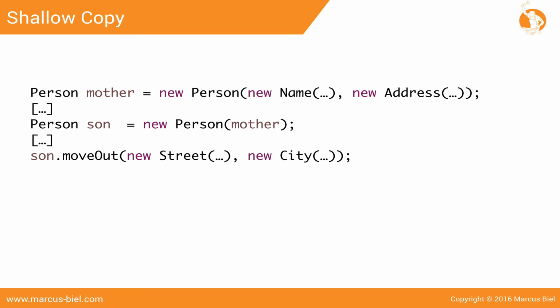Because the address object is shared with our mother object, that change reflected in both person objects. To fix the issue, we could simply assign a new address object to son. Just for the record, however, please note that our son object wouldn't be a true shallow copy anymore. In conclusion, if used correctly, a shallow copy may be fine, but it could also lead to unexpected behavior.